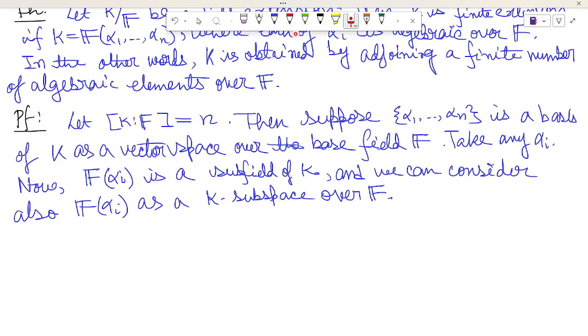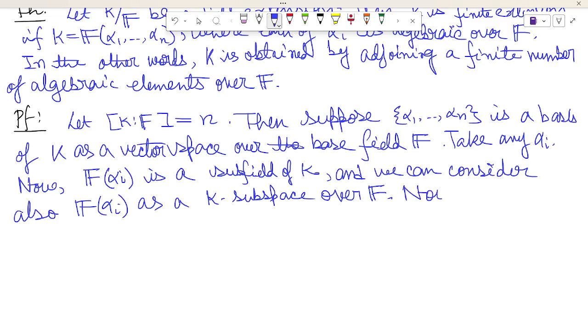Because it will satisfy the vector space axioms.